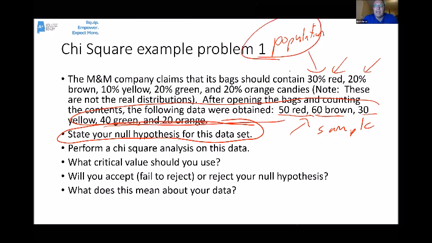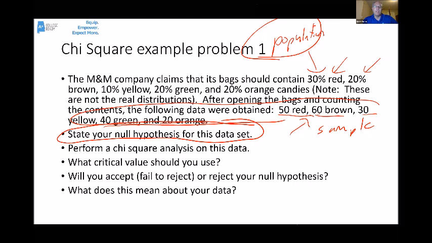And you could write that in a lot of different ways, but you might just say there's no statistically significant difference between the numbers in each color category in our sample compared to the population, or compared to what M&M says should be there. Lots of different ways you could write it, but that's essentially what you're going to say.